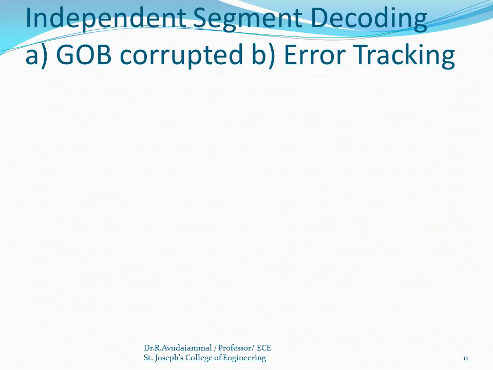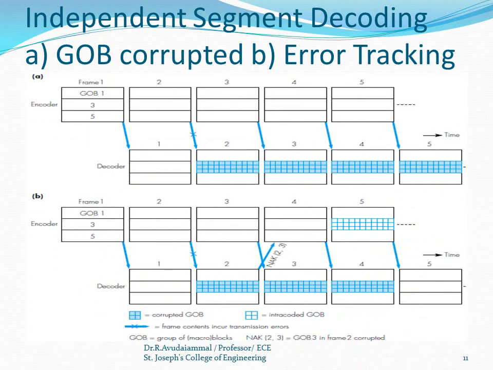Another mechanism for handling this is independent segment decoding. As in the first diagram, here we have taken that the first frame is not affected, the second frame got affected, and in the second frame the third block got affected.